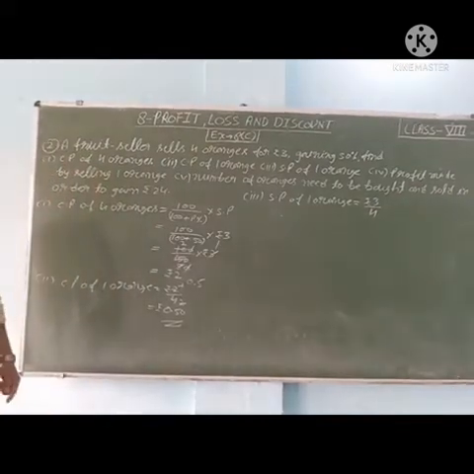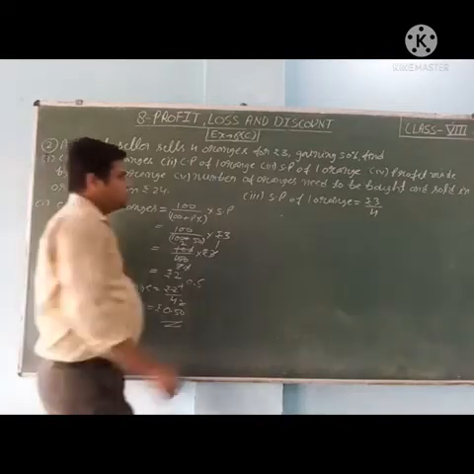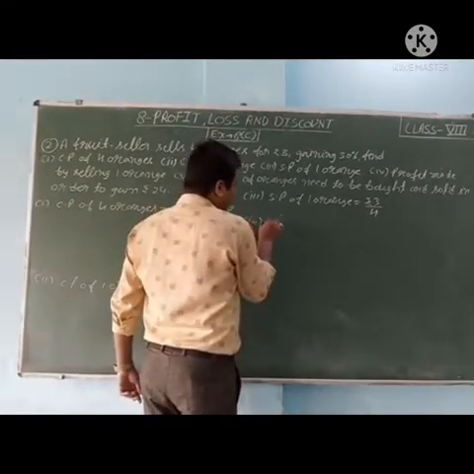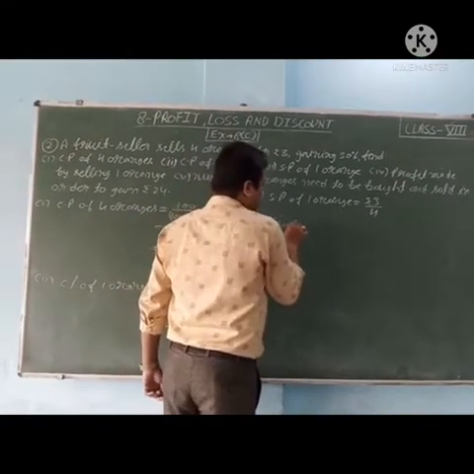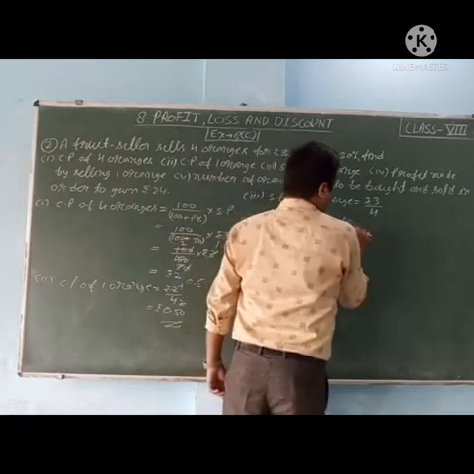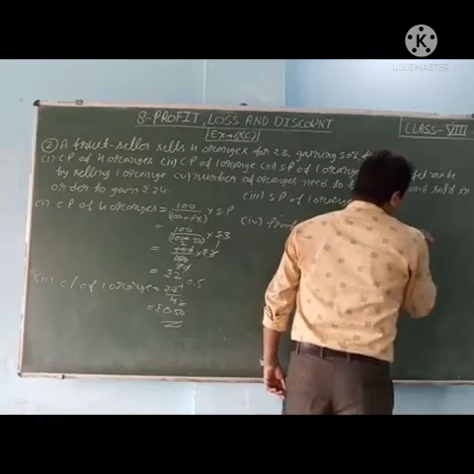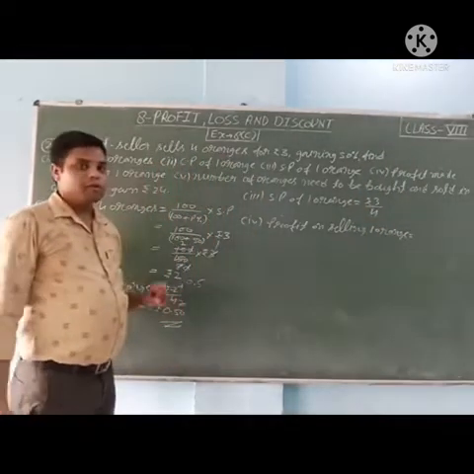Then profit made by selling 1 orange. So fourth part, profit on selling 1 orange. Formula of profit: selling price minus cost price.